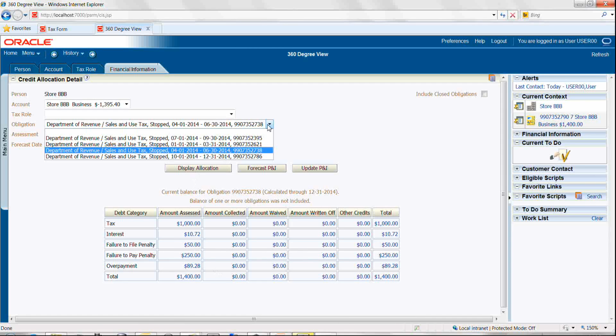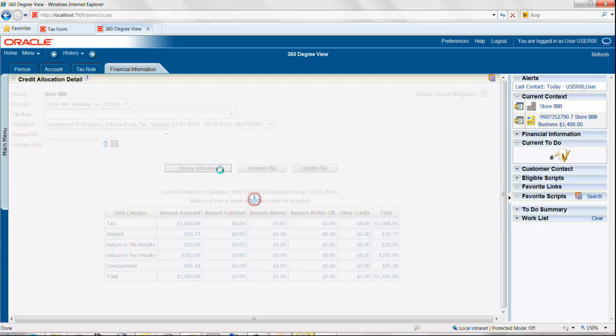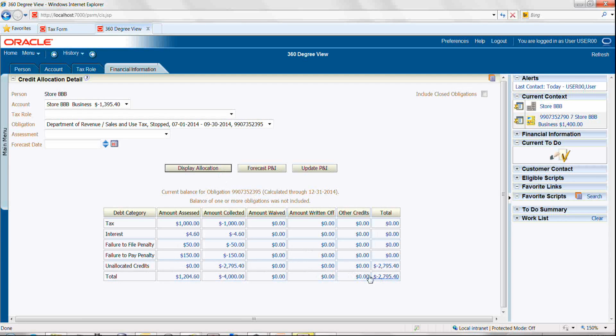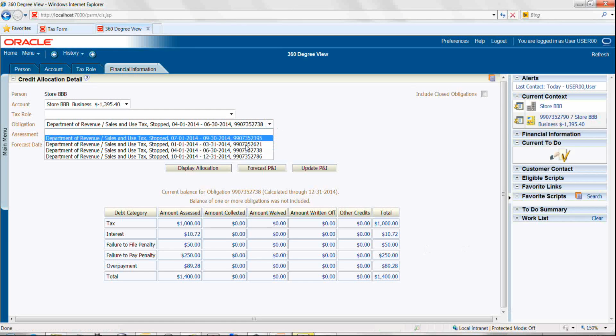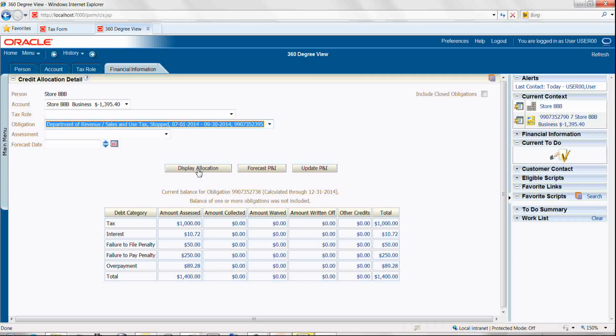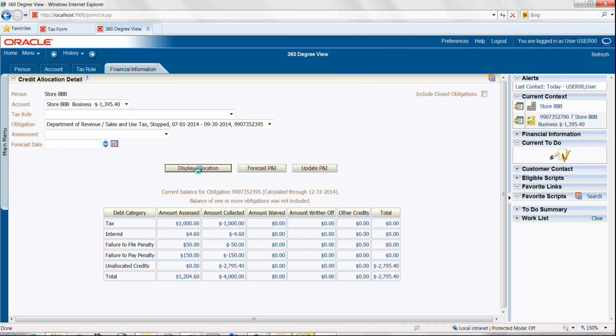If I look at my third period, we see that it's in overpayment for a large amount, $2,795. But the overall balance, at the account level, shows a positive $1,300.